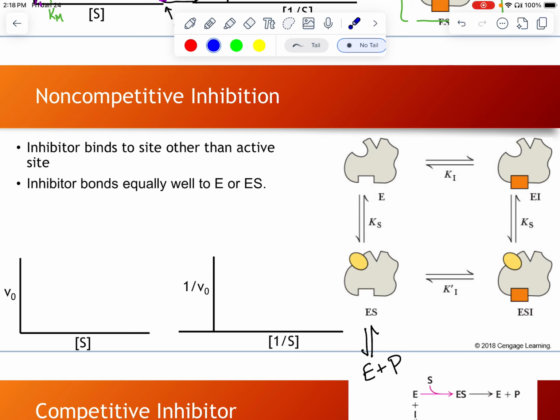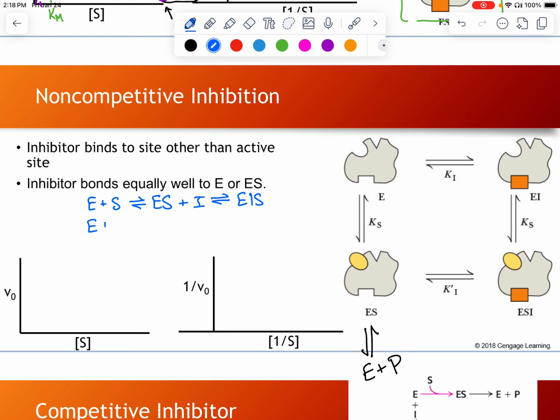So we essentially have a couple different ways this could happen, right? We could have the enzyme binding with the substrate, and we get the enzyme-substrate complex. And now that could bond with the inhibitor, and now we have this thing that cannot go to product.